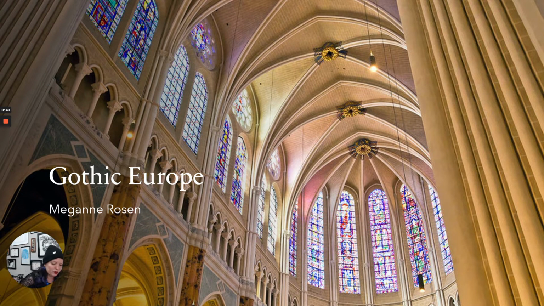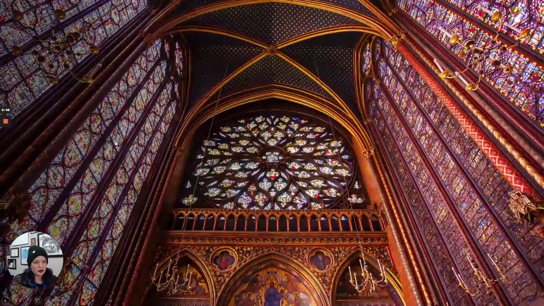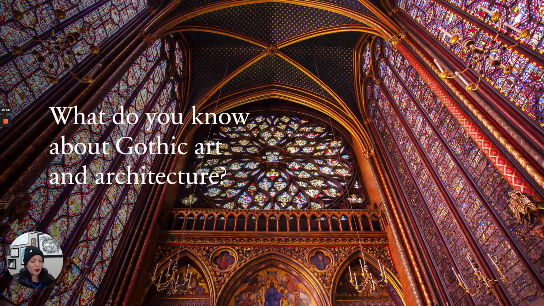All right, so let's start by talking about what do I mean by Gothic. I don't mean my stylistic choices of always wearing black, though that is related to this period, I suppose. All right, so what we call the Gothic style starts in the French region of Europe surrounding Paris called Île-de-France, which means the island of France, okay?